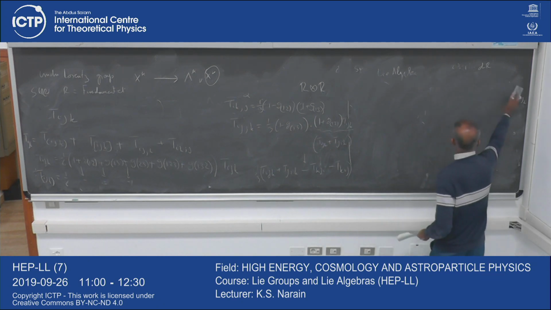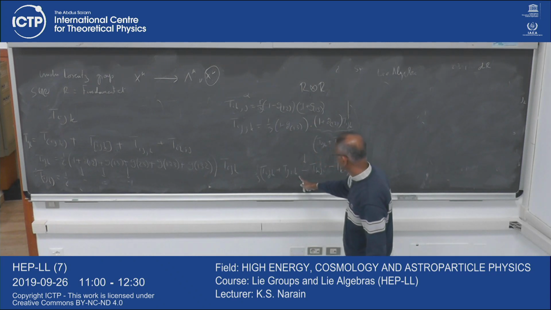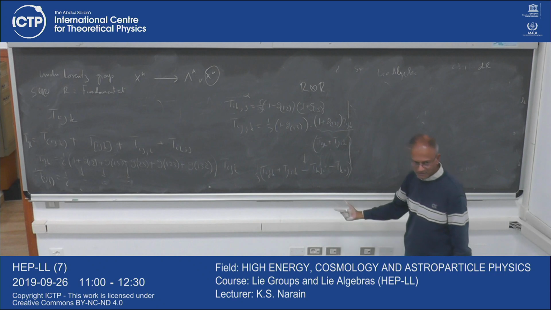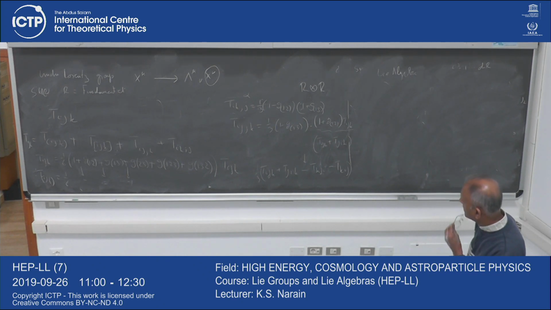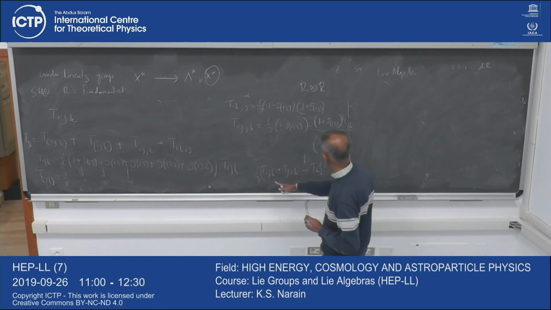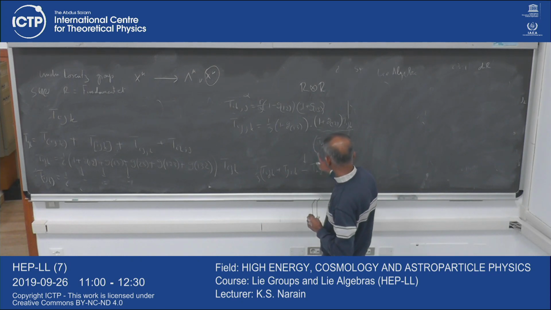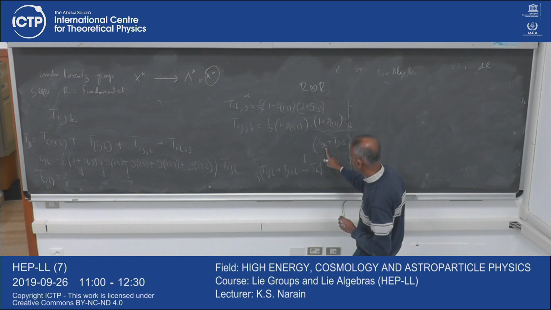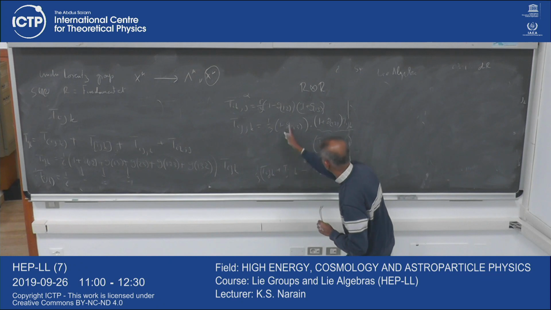Okay, so this is rather complicated, right? Because if you look at this combination, it doesn't have any particular symmetry or antisymmetry property, right? Maybe I made a mistake here. Minus G13. No, this is wrong, right? This is first and third.